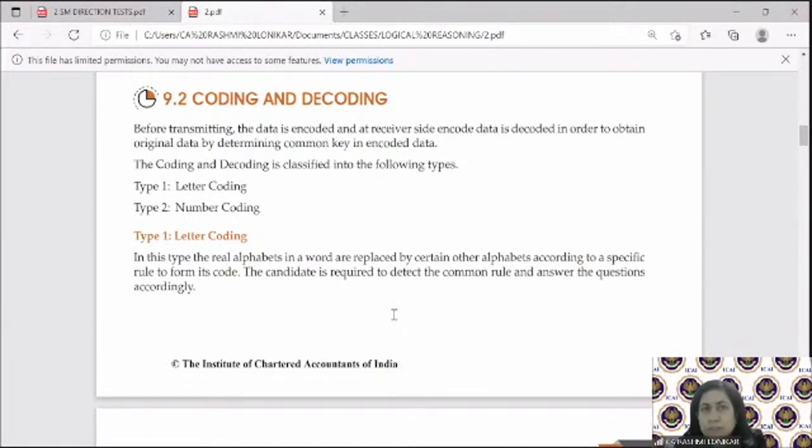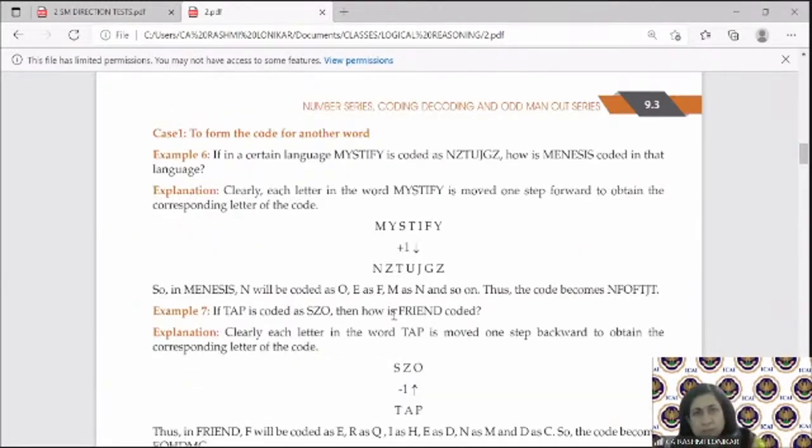Here they will give you a code and ask you to form a code, or they will give you 2-3 words in codes and ask you to decipher them, or find out the decoding of the words. Okay. You will understand this when we are doing the sum. So I'm just trying to tell you what exactly these types of questions are. Okay.